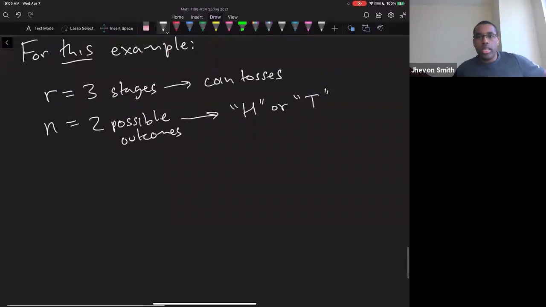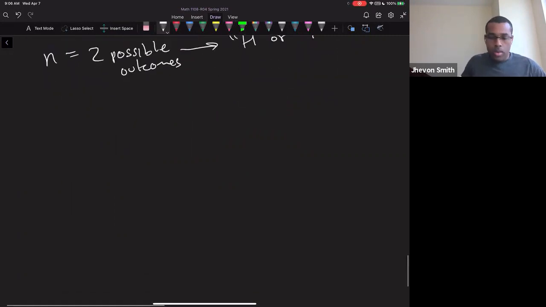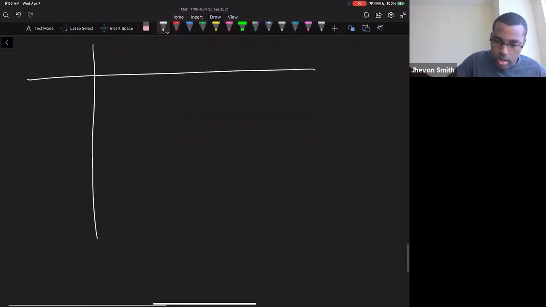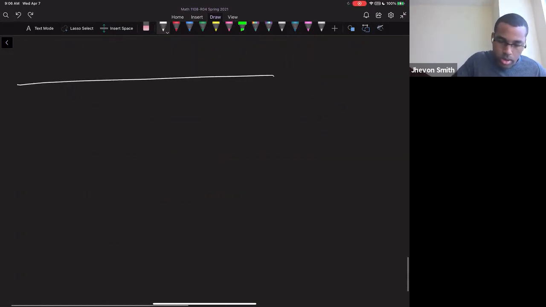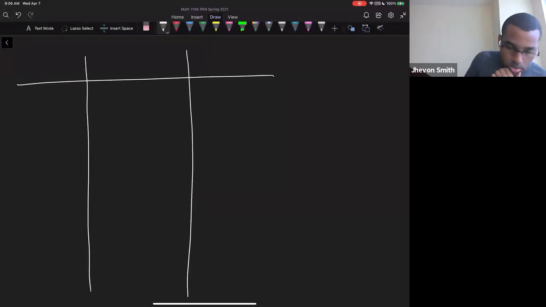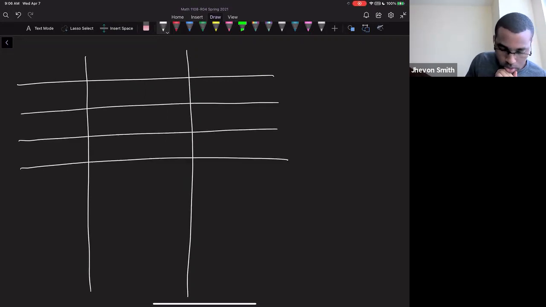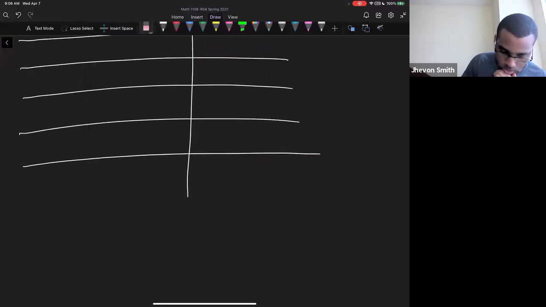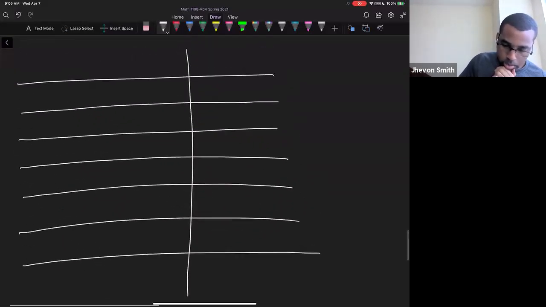So how can you construct a table to make sure that you are actually seeing every possibility? So what we will do here then is there will be a table with 3 columns and 8 rows, right? So 1, 2, 3, 4. That one's all of it. 4, 5, 6. Come on, iPad.